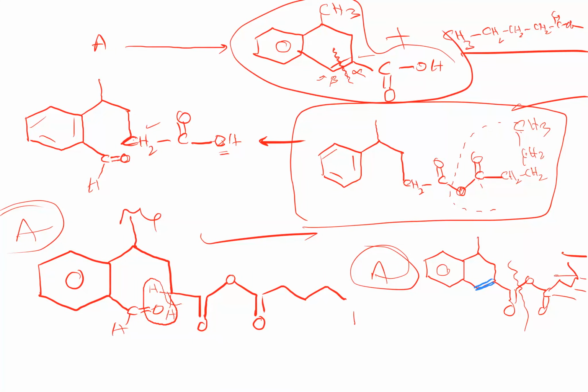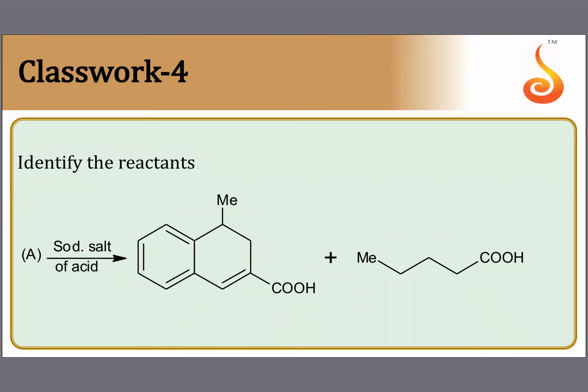This will become pentanoic acid. So what you have to do, you break this double bond. You make this one as aldehyde, and this will be converted into anhydride by combining these two acids. You will get A.